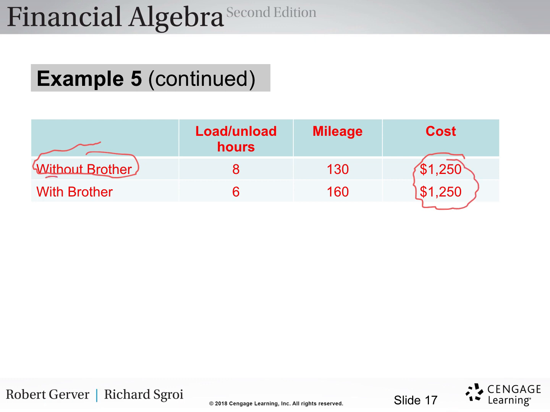But with her brother, the loading and unloading hours is less. It's now 6 instead of 8, but the mileage is more because it's 160 miles. So the total cost was the same for both of these, but in one case we had 8 hours plus 130 miles, and in the other case we had 6 hours plus 160 miles.